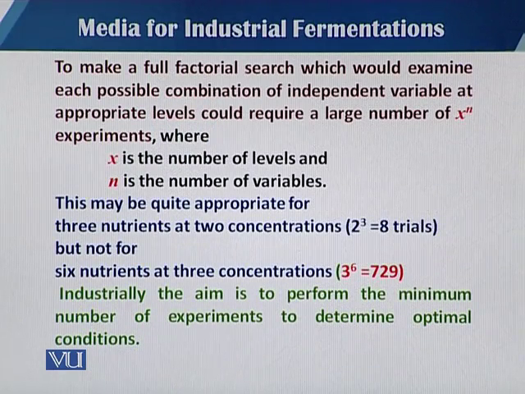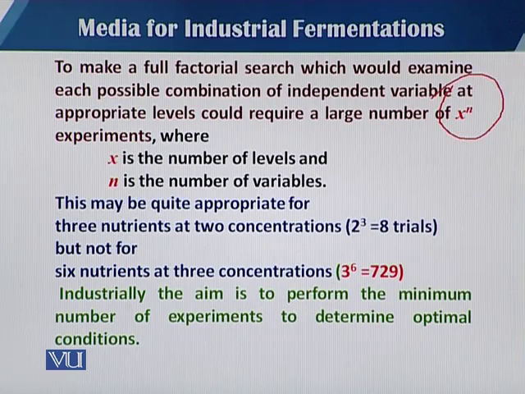As an example, you can see in this slide how many experiments must be conducted to optimize any process. The formula is x to the power n, where x is the number of levels and n is the number of variables.